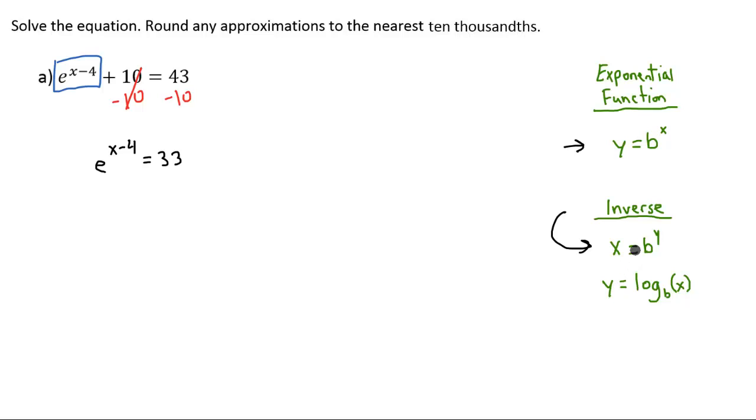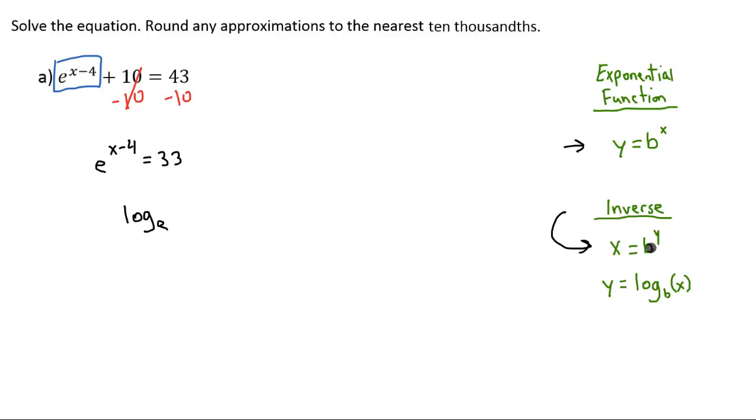And how I like to do this is I take my base and I rewrite it as my little base of the log. So I need to write log here first, and then I take my big base and I write it as my little base. And then the exponent was written as y up here. Well, now that goes on the other side of the equal sign of the log.